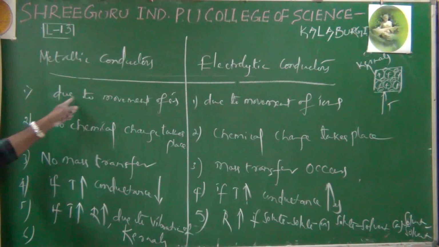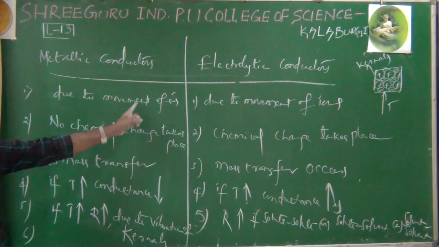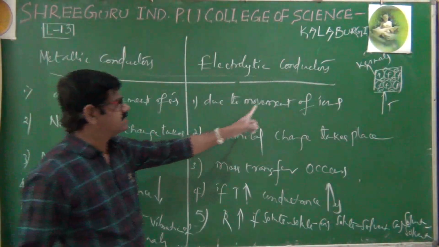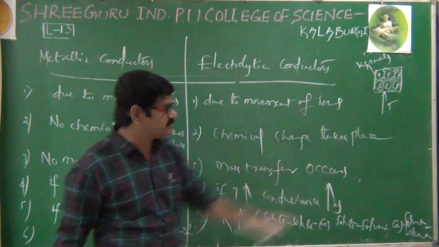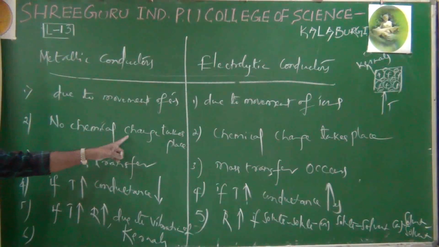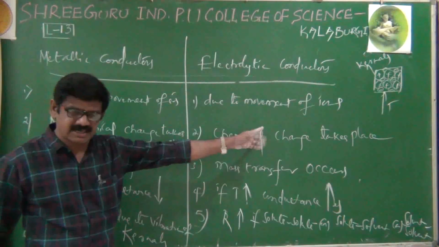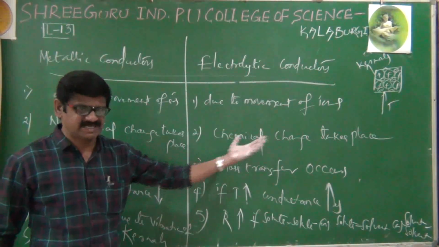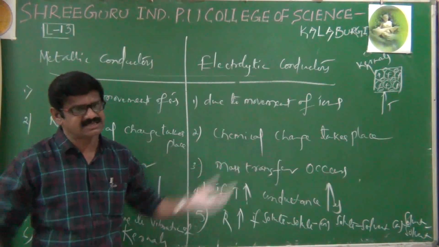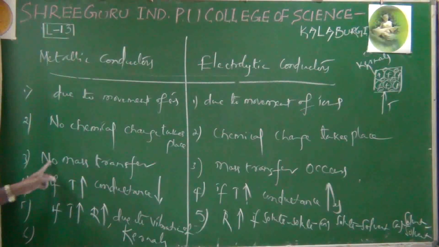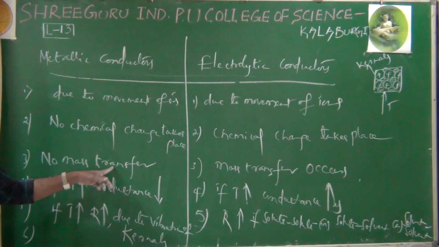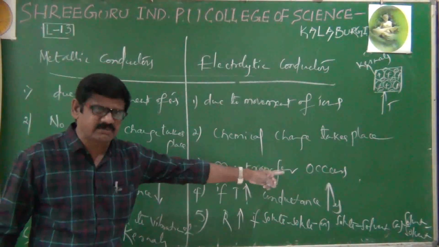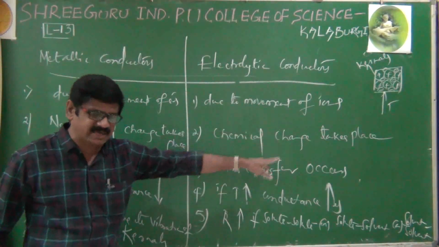Here conductance is due to movement of electrons. Here conductance is due to movement of ions. Here no chemical change. Here chemical change is taking place, that is, oxidation and reduction at the electrodes. Here no mass transfer because no chemical reactions. Here mass transfer is taking place because chemical reactions are taking place.